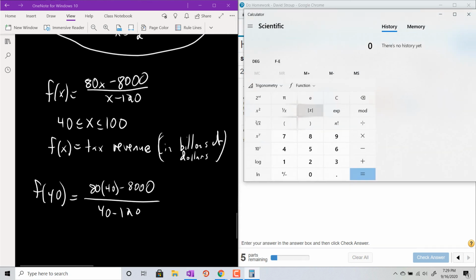Okay, here we go. 80 times 40 minus 8,000 in parentheses divided by parentheses 40 minus 120 is 60. So $60 billion of revenue.